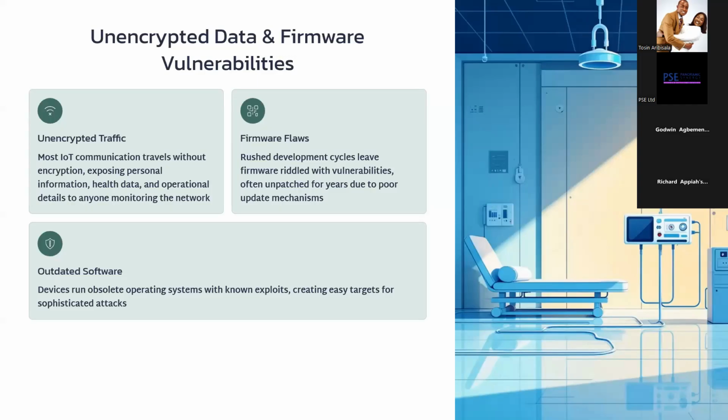So devices run on obsolete operating systems with known exploits, creating easy targets or access to sophisticated attacks. So here, the software is running on our systems. We usually don't do any form of update.